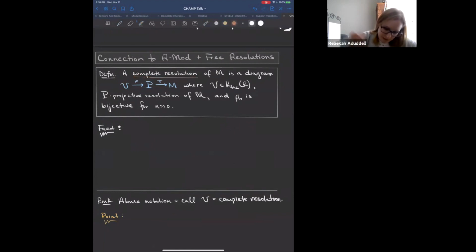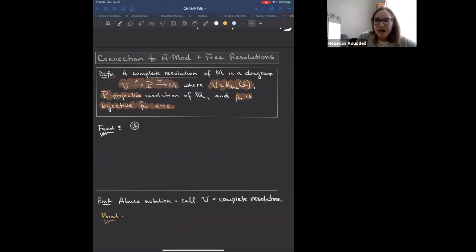So a complete resolution of an R module is a diagram. So this diagram here, where that U is a totally acyclic complex, P is just a projective resolution of M, and then the map between U and P is eventually bijective. And so I want to just mention two things.